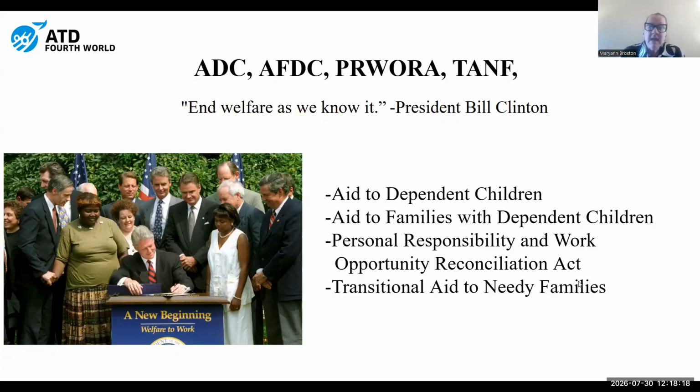TANF instituted a 5-year lifetime limit and mandatory work requirements. It also created a 5-year waiting period for legal immigrants applying to federal means-tested programs, meaning Medicaid, SNAP, and SSI. Although PRWORA was hailed as a success shortly after its passing, the real effects were seen years later.